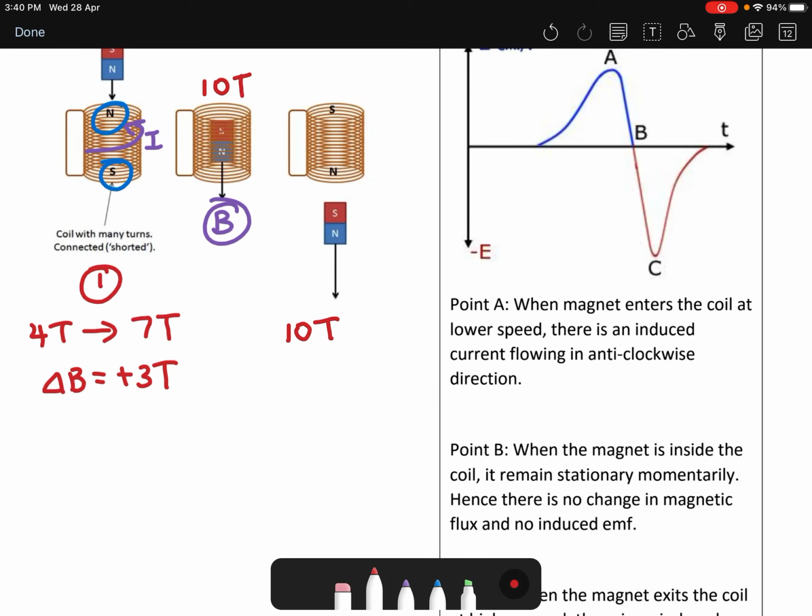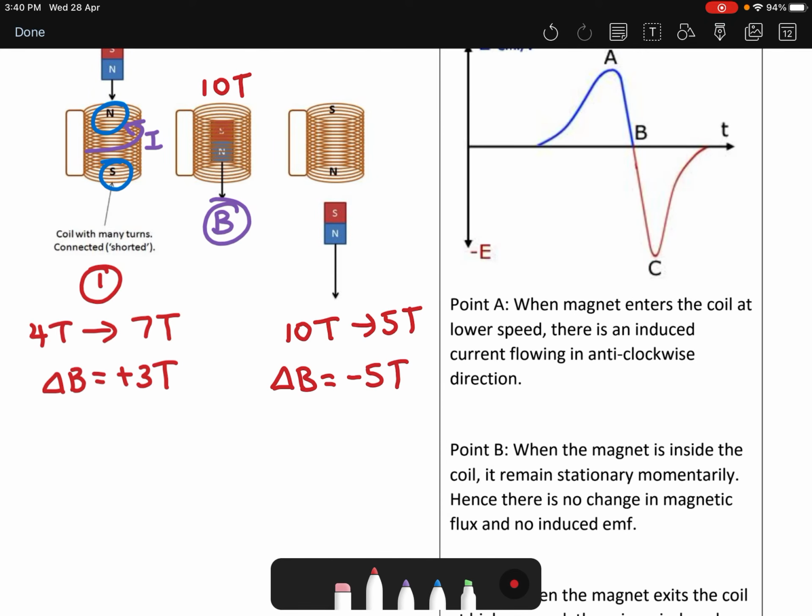When it comes out, the magnetic field strength definitely decreases to maybe 5 Tesla. There's a decrease of 5 minus 10, which is negative 5 Tesla.